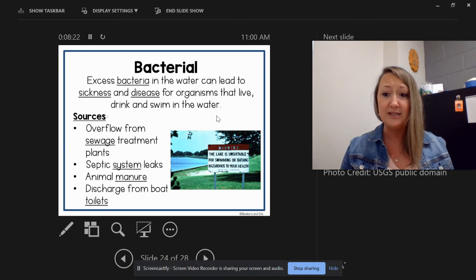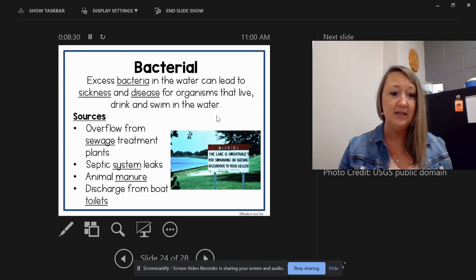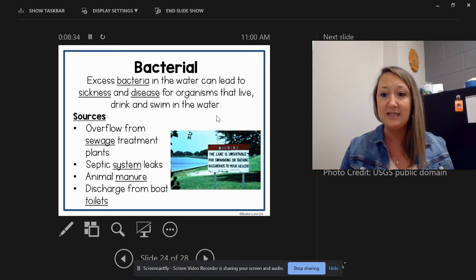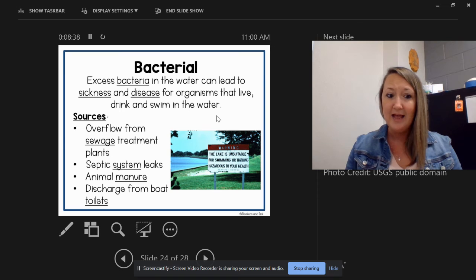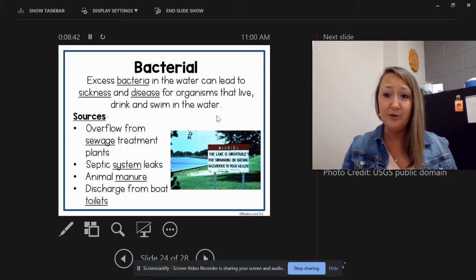Animal manure carries lots of bacteria like E. coli that are not good for us, not good for the environment, and can wash into our waterways. Discharge from boat toilets, right? If there's a toilet on a boat and it's not a closed system, it just flushes right into the waterway. That is not going to be good for that particular environment, right? So bacterial pollution can be a big issue for certain areas where there are hazards for humans and for the other organisms that live there.